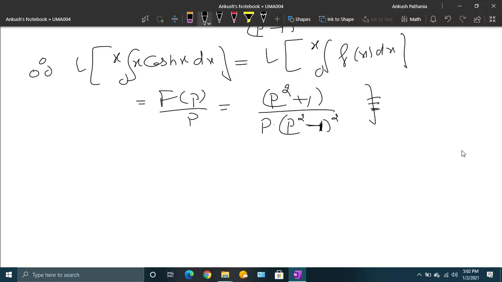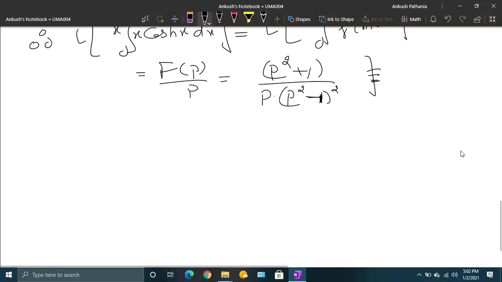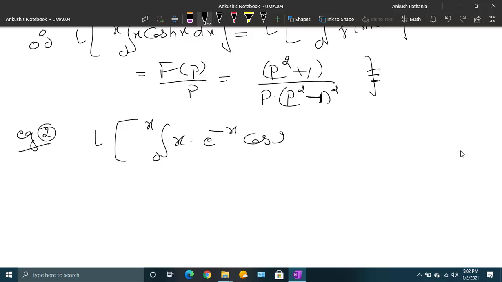Okay, so again, now coming to another example related to property number 5. Laplace of the integral 0 to x of x e raised to power minus x cos 2x dx. This Laplace you have to find.